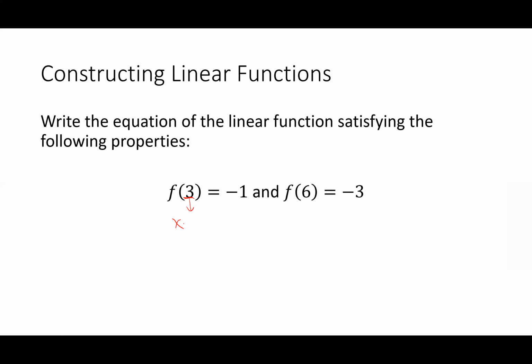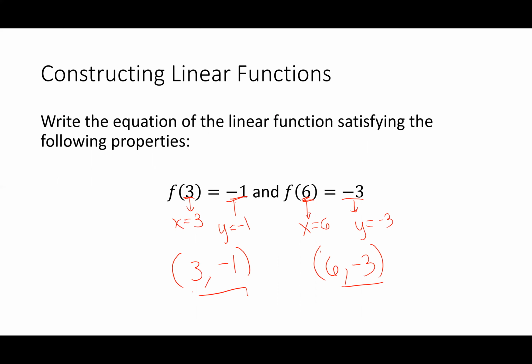What I'm saying here is when x equals 3, my output value, y, equals -1. So I can organize this into a coordinate pair, (3, -1). Same thing here. There's another point when the x value is 6, my y value is equal to -3. So what I really want is, what's the line passing through these two points?